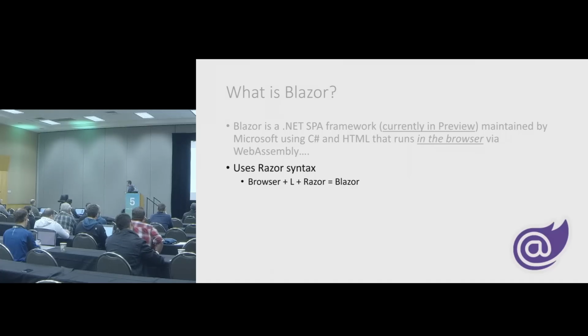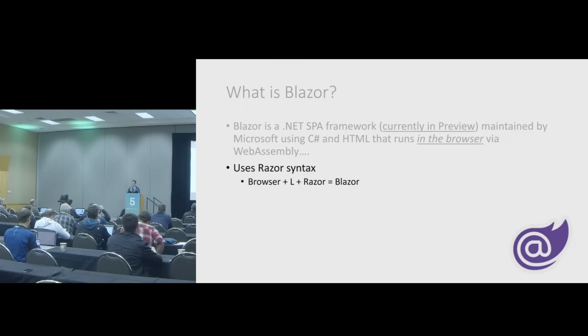So Blazor uses the Razor syntax. How many people are familiar with Razor or have done ASP.NET MVC? All right, cool, like 2/3 of the room. So for those of you who aren't familiar with it, basically the Razor syntax is just like you write some HTML, and then you want to write some C#, so you write an @ symbol, and then you can start writing C#.